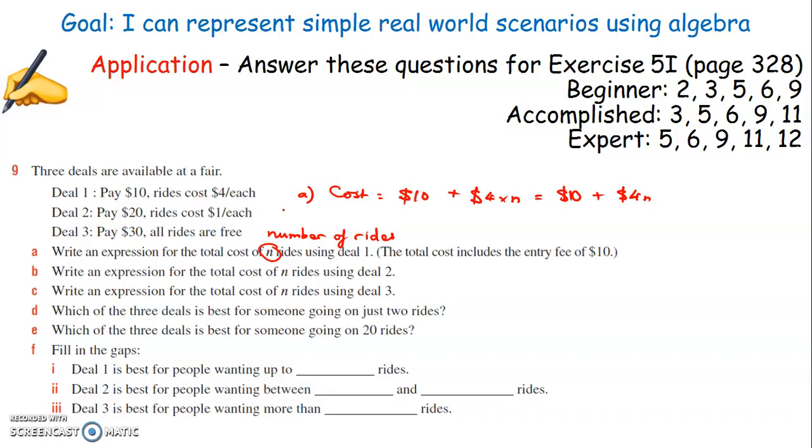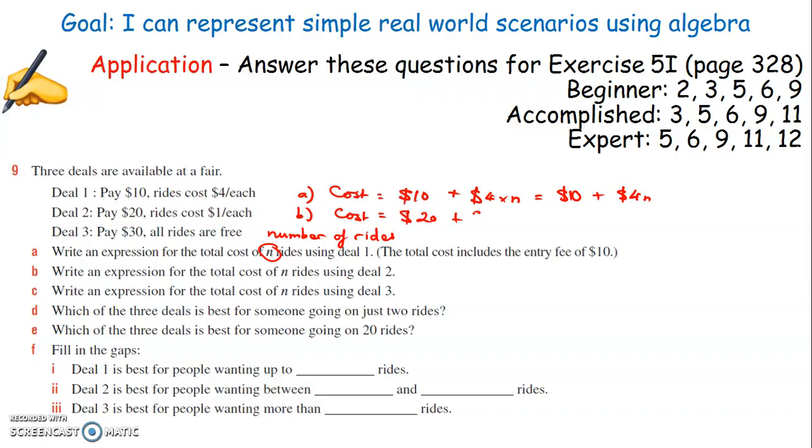Then for B, we have to write an expression for the cost of deal number 2. Okay, so deal number 2, what do we have? So first of all, just to get into the fair, you need to pay $20, right? And then for each ride, it's going to cost you $1.